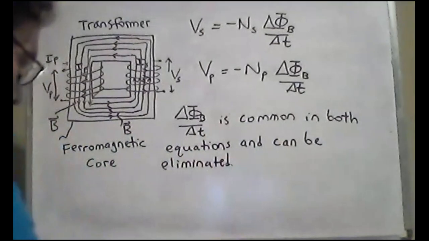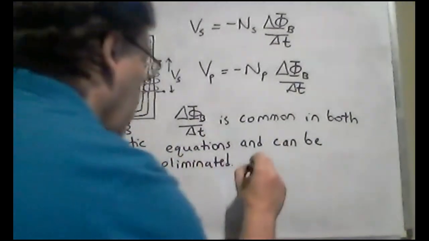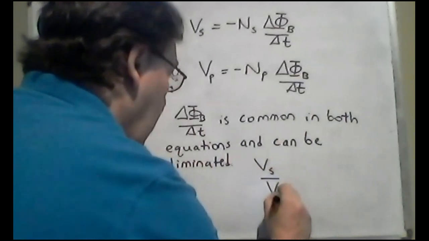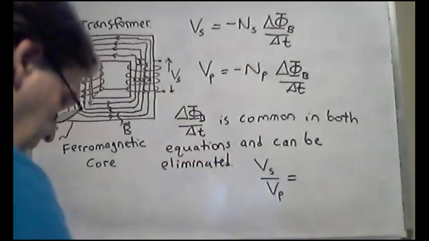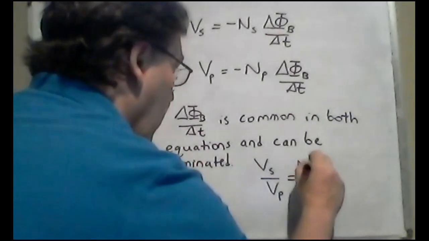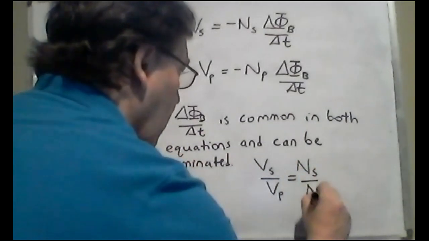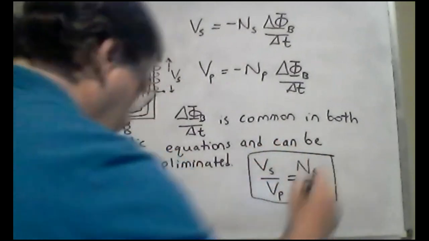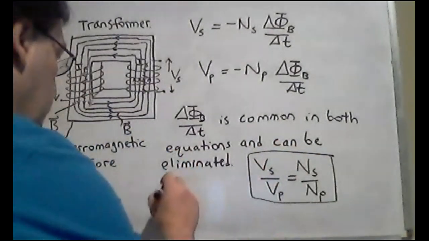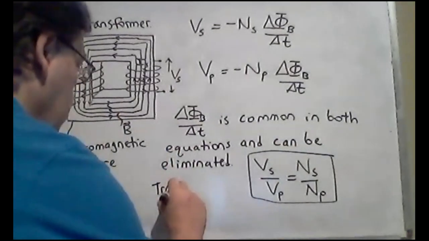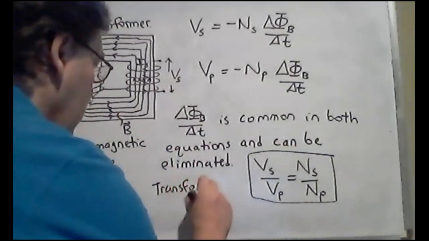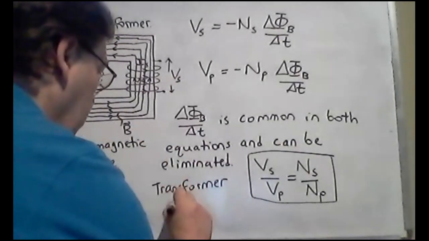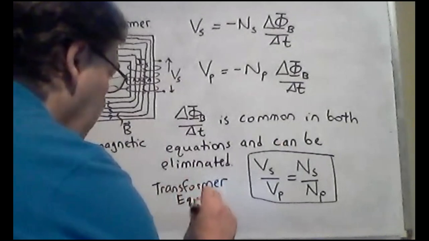If we do so, we get the following nice simple relationship: V sub S over V sub P is equal to N sub S over N sub P. That is one of our transformer equations. A lot of more challenging math and concepts, but the final equation is quite simple.